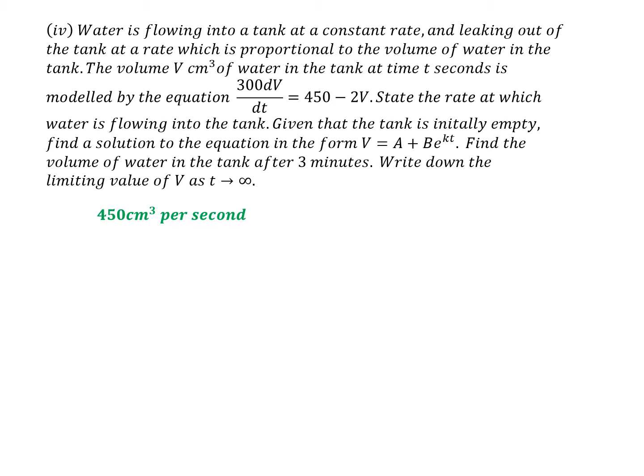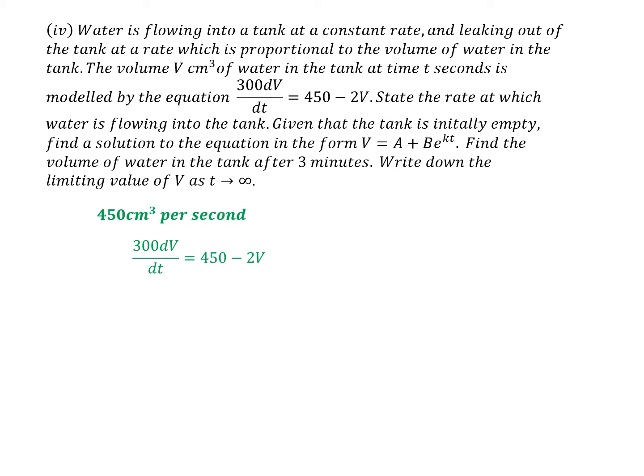So now we have to find a solution to the equation in a particular form, and we're told that the tank is initially empty. So here's the equation, and as in the case of most differential equations, we need to separate the variables.